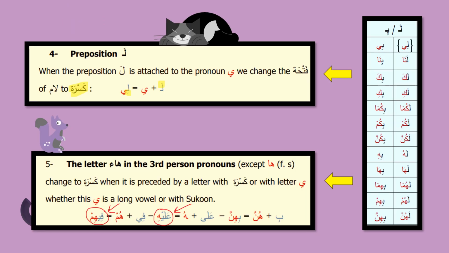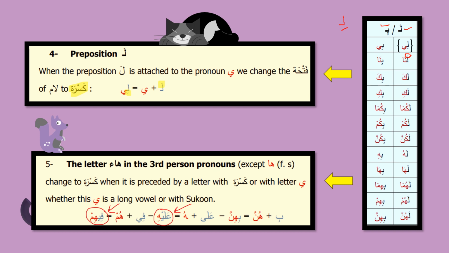Now let's attach the pronouns with the harf jar lam and ba. Now first of all, I would like to tell you that originally the harf jar lam is with kasra, and in this column you can see the lam is having a fatha. There is fatha on all the lams when it gets attached with the attached pronoun.